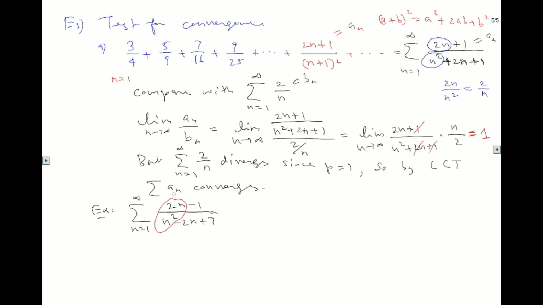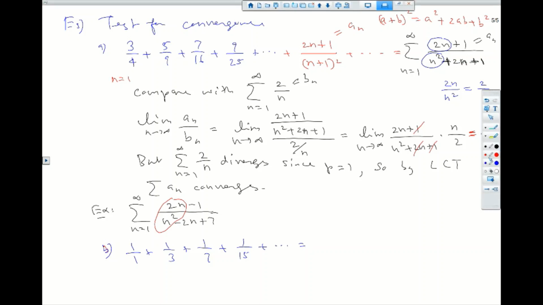Good. That's about that. So let's do a few more different examples. How about this one? Let's say 1 over 1, 1 over 3, 1 over 7, 1 over 15, like that. So we have 1, 3, 7, 15.